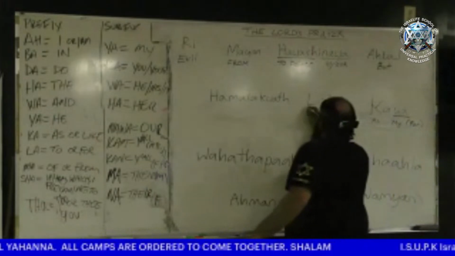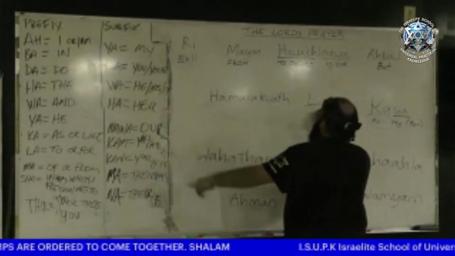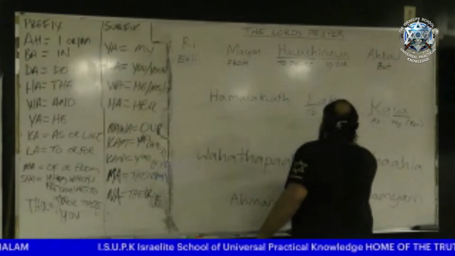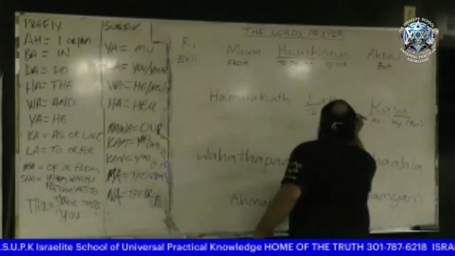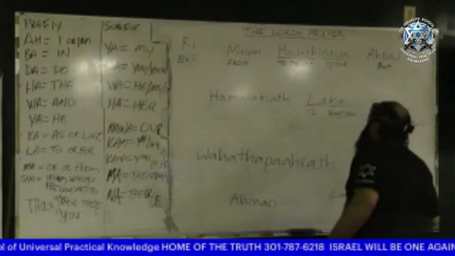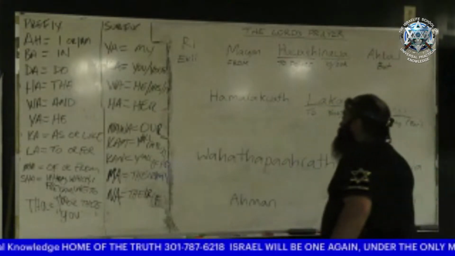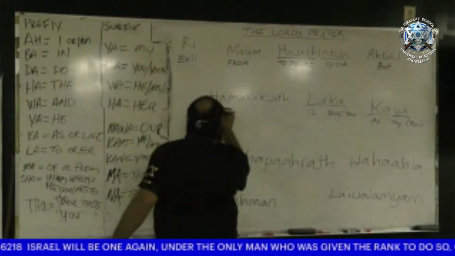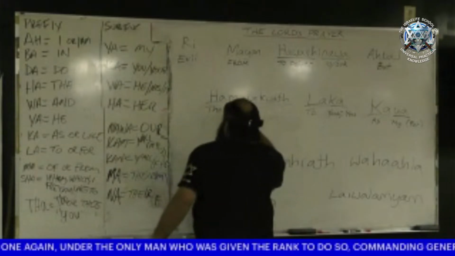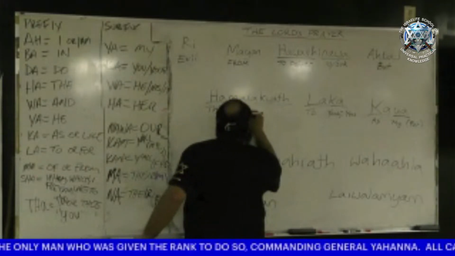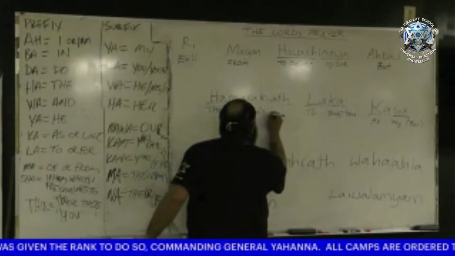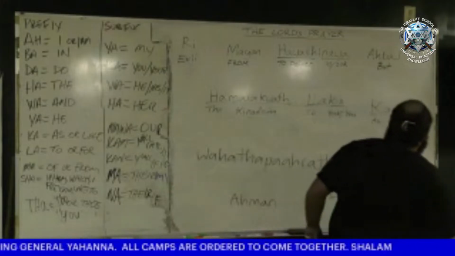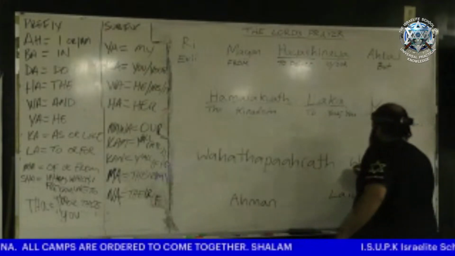Laka, to and you. So this la is a prefix, to. And ka, your, or you. So that's to you. Hamalakwa, the kingdom. Ha, the, and Malakwa, kingdom. Waha Allah, and the power.